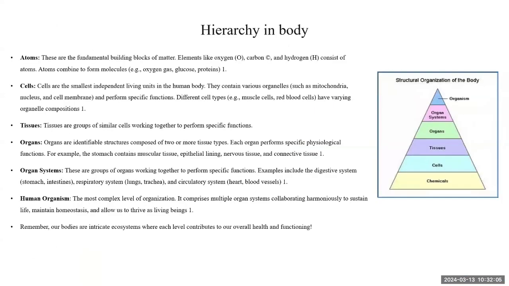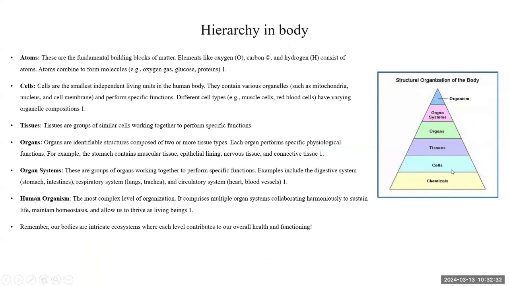So what is the hierarchy of different types of cells in our body? Let's start with this diagram. First, there are simple chemicals like nutrients, or I would say simple elements like carbon, oxygen, and nitrogen. They combine to form different types of molecules, and then they organize to form cells.